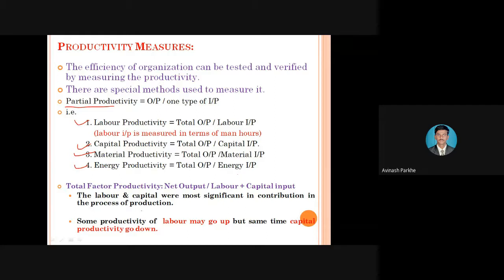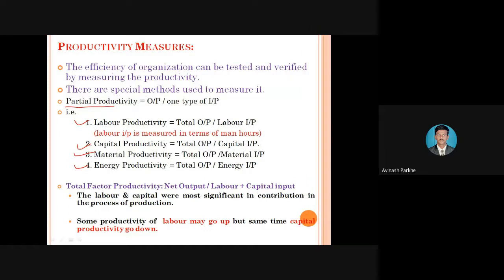And for total factor productivity, we have the formula: total factor productivity is equal to net output upon labor plus capital input. Net output means whatever final output we got, divided by labor plus capital input, because these are the two important parameters: labor, and how much capital investment we are making.